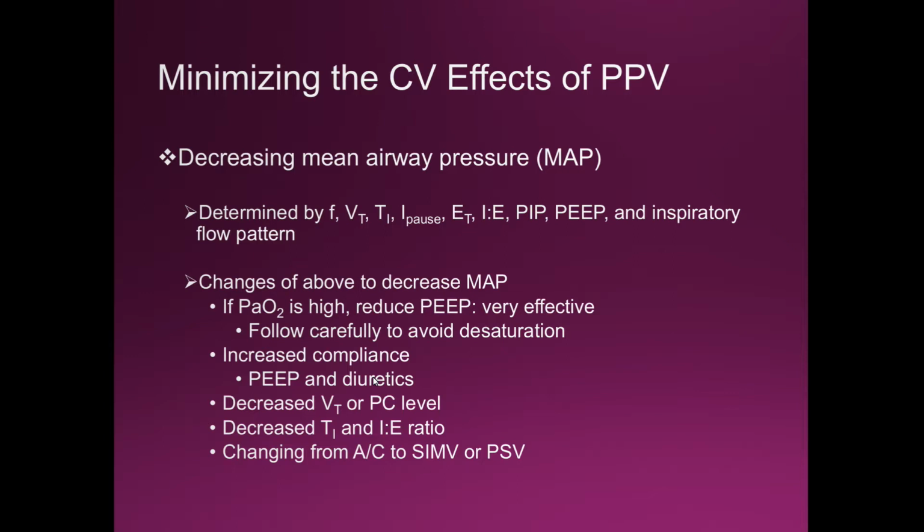Decreased tidal volume or pressure control level could decrease your mean airway pressure. You decrease your I time and IE ratio, and also change from AC to SIMV or pressure support ventilation.